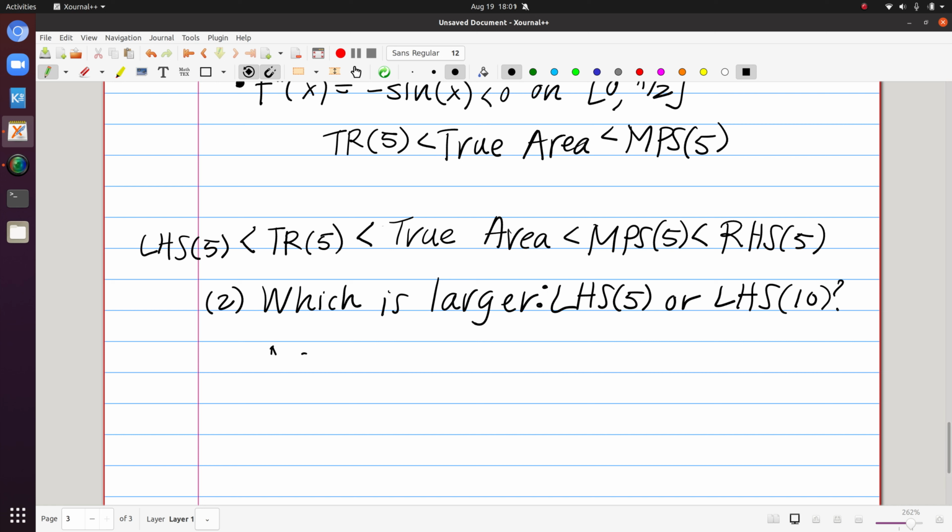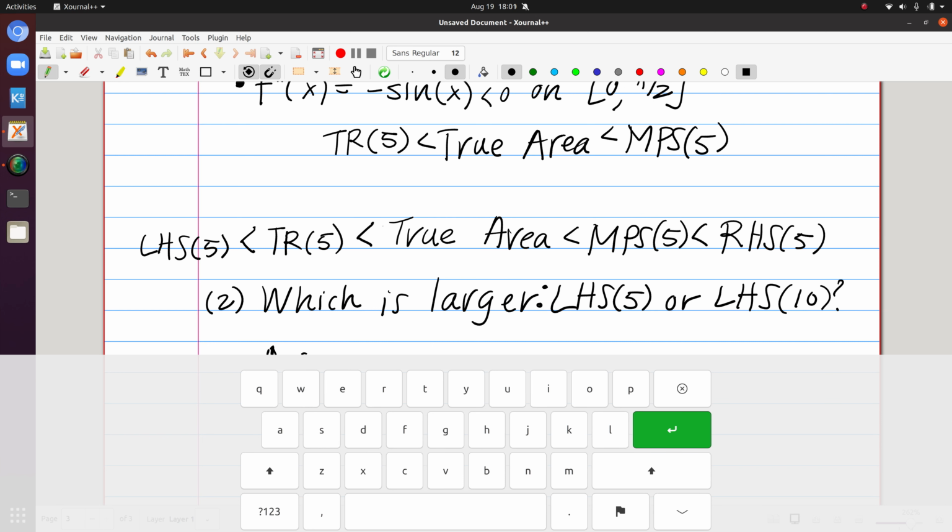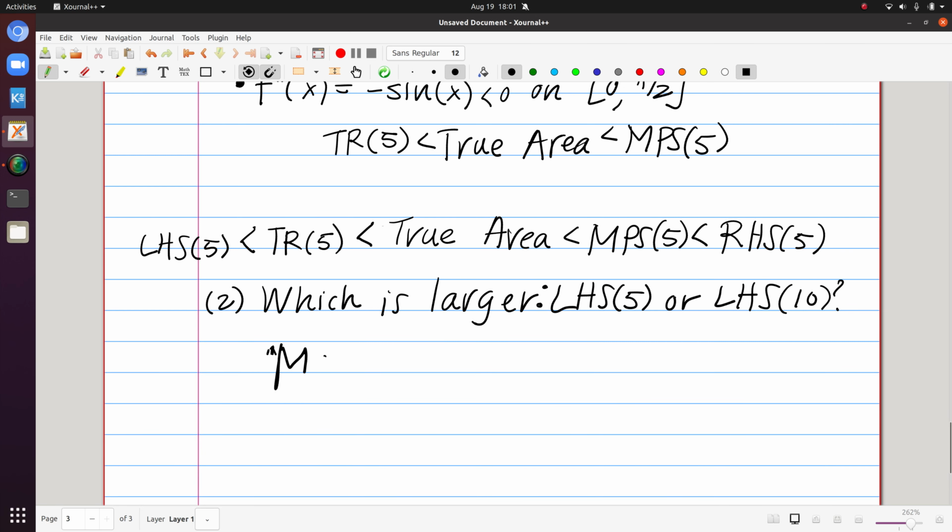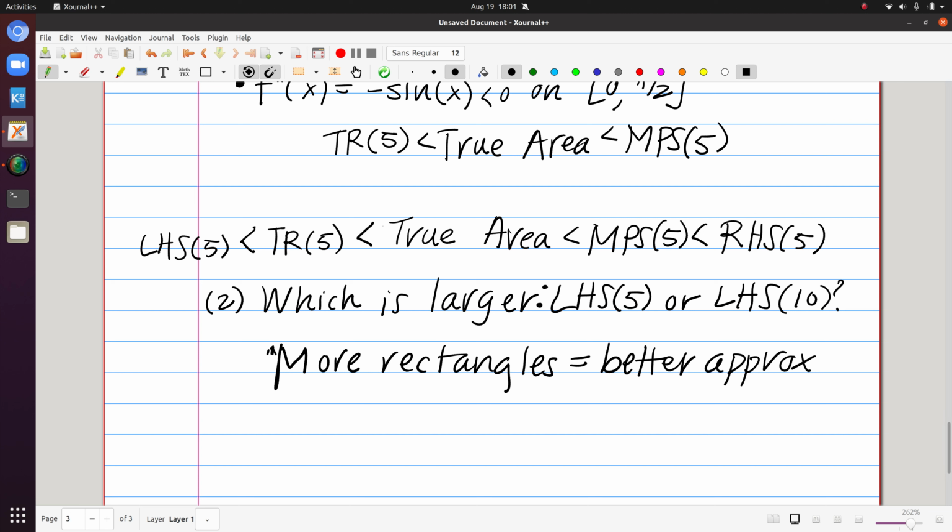more rectangles equals better approximation. So we know that the left-hand sum with 10 rectangles is a better approximation. What we need to figure out is, how does that translate to larger or smaller here? Well, in this case, both are underestimates of the true answer.